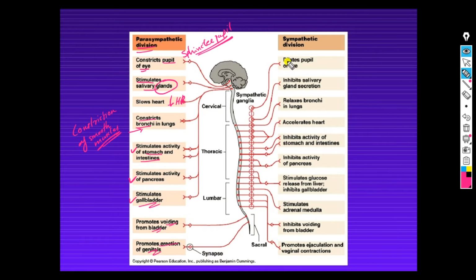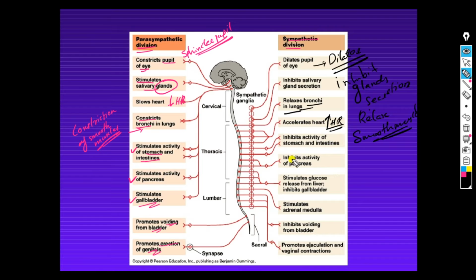Sympathetic division dilates the pupils of the eye by acting on the dilator muscle, inhibits salivary gland secretion, inhibits gland secretions, and relaxes bronchi in the lungs, which means smooth muscle relaxation in the trachea and bronchi.